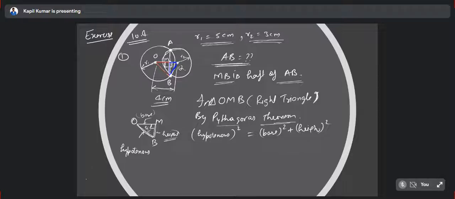So here hypotenuse square is equal to base square plus height square. If we apply this here, we can write that OB square is equal to OM square plus MB square. Is it okay? Yes, sir. Just remember this, and from next time we will directly write in this form.